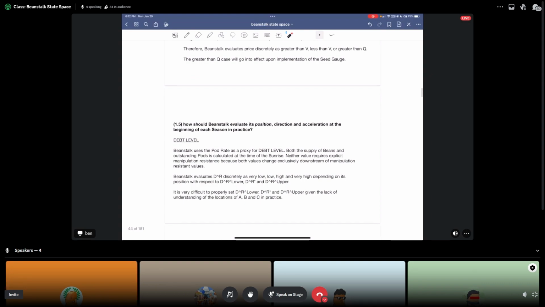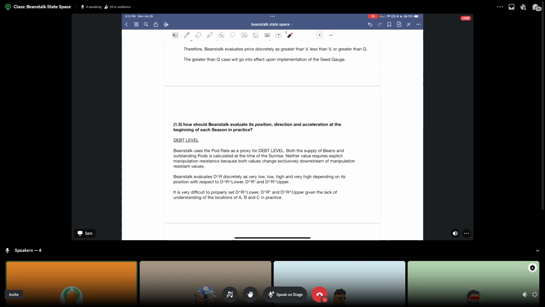Debt level. Beanstalk currently uses the pod rate. You can make an argument that it should use the FERT as well because that's debt. However, Beanstalk has never been upgraded to include fertilizer in the debt level calculation, just because there's so many pods compared to FERT that by the time all the FERT is paid off, the pod rate will still be just excessively high.